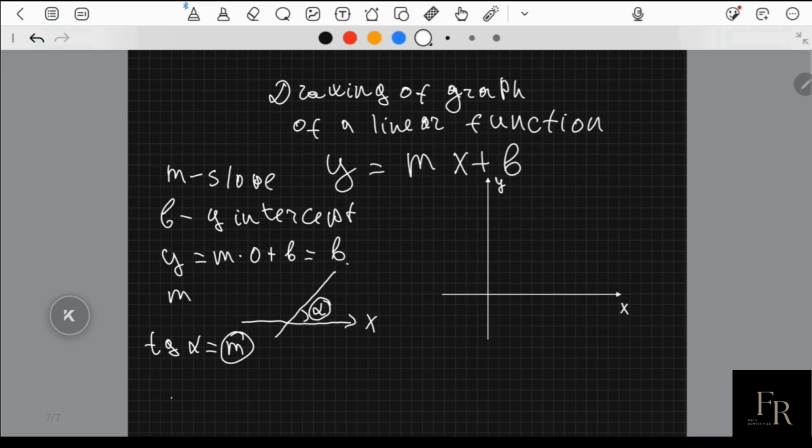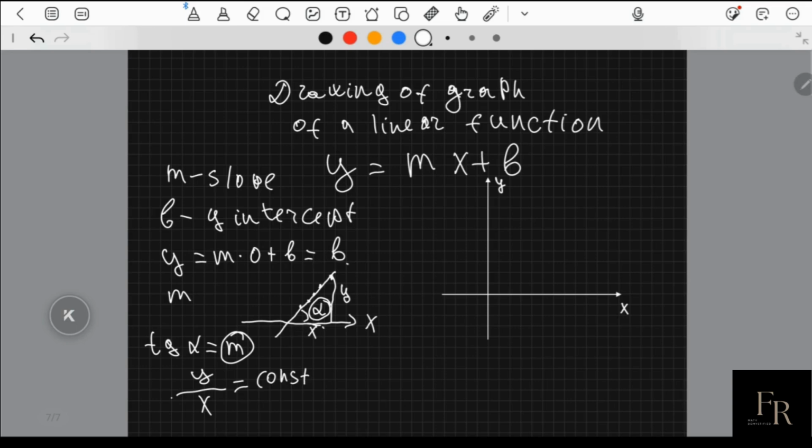Tangent is a trigonometric function. So y divided by x for any point on this line, for example this point or this point, will be constant, because the slope is constant.